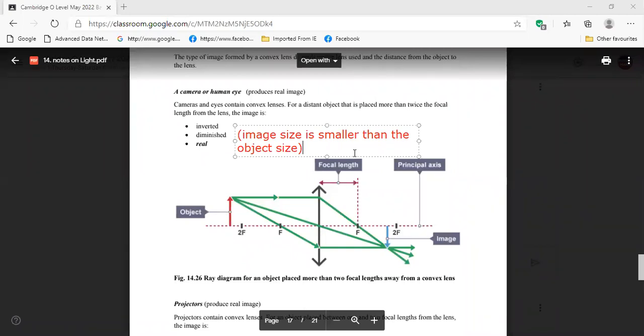But when you see it in the sky, it's very small, isn't it? Yes, sir. In reality, it is a big size, isn't it? And why is it small when it is in the sky? Because it is diminished, right? Yes, sir. Then you wrote real.